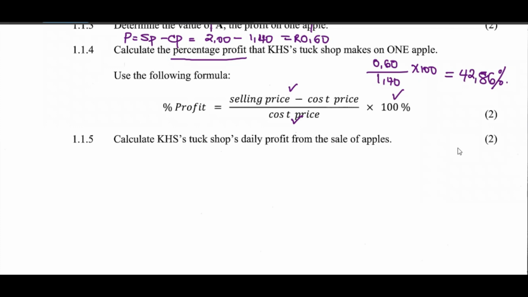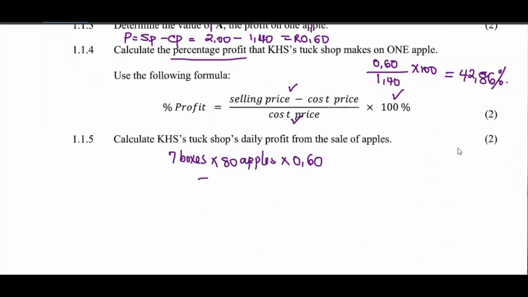Remember, it sells 7 boxes a day, and each box has 80 apples, and each apple makes a profit of 60 cents.